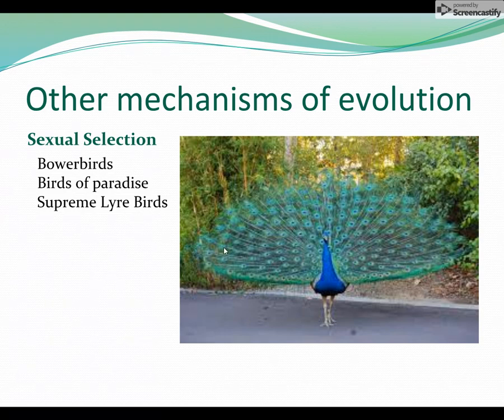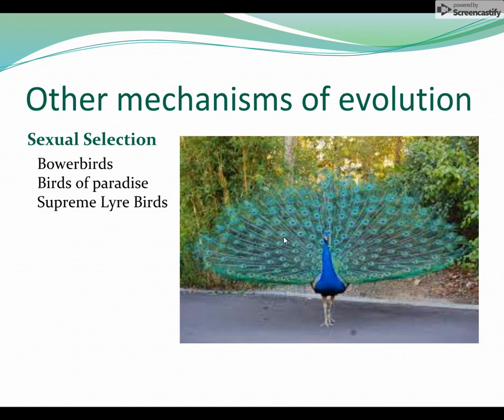This tail that's full of these beautiful feathers is a sexually selected trait. Females of the peafowl species, they're called peahens, find peacocks with large, beautiful, full tails very attractive, and they want to mate with them. So they select for males that have this trait, and they only allow them to breed.